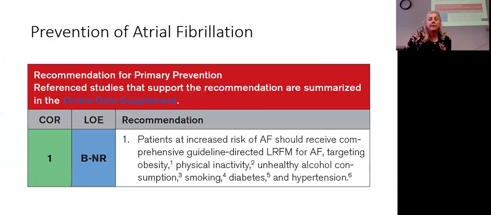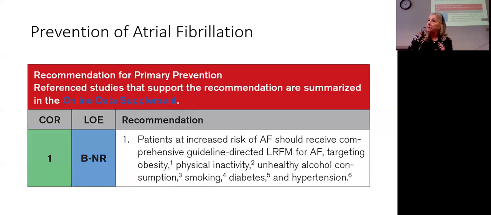So I'm going to go through these really quickly. This is just how researchers and the American Heart Association grade recommendations. So if it's a class 1, which you look over there, class of recommendation, COR, if it's a 1, that is the best. It means that there's been multiple studies on this, large studies, all randomized studies. So it's a strong recommendation.